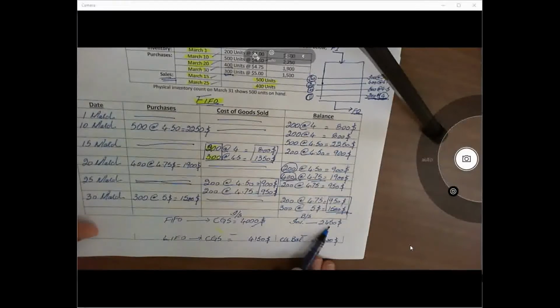On the other side, if a company uses LIFO method, then the company is overstating expenses, meaning understating net income, and they are also understating current assets or the assets which they need to report in the balance sheet.